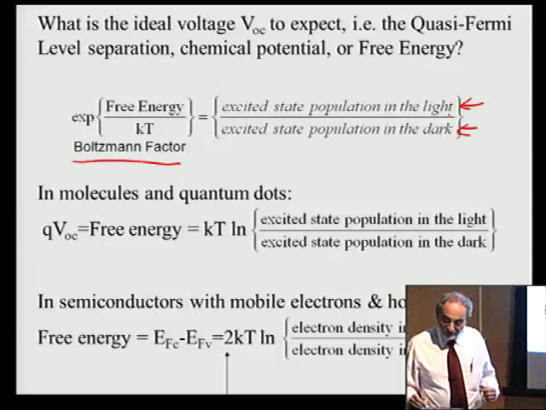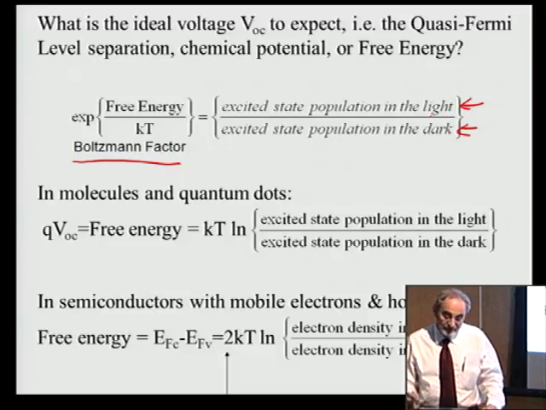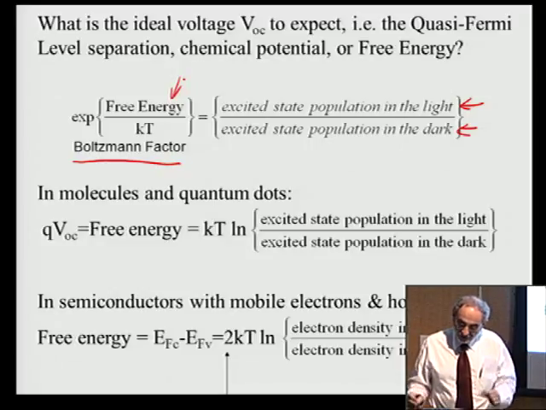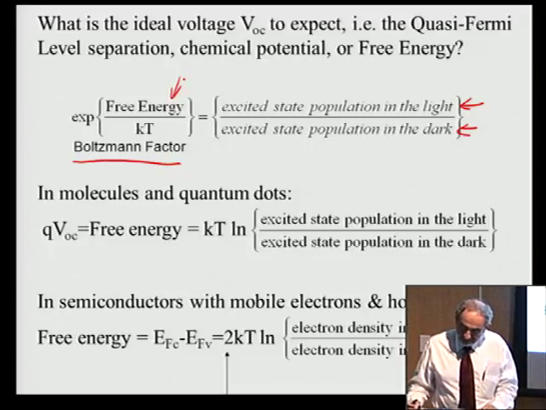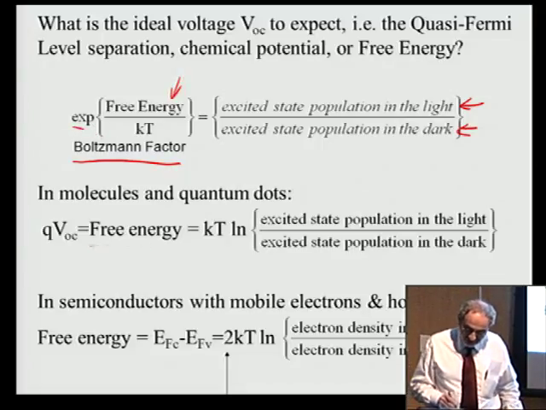So that ratio of probabilities is representing a free energy, and that's just it. It appears that energy appears in the exponent, and it's just like a normal Boltzmann factor. Okay, and indeed this works. You take the logarithm of both sides, so this exponential turns into the free energy.